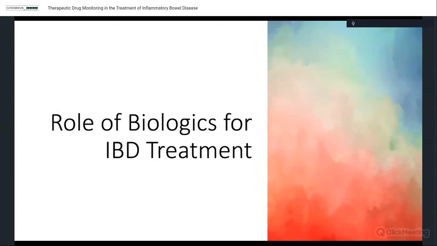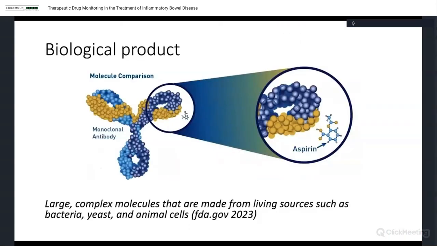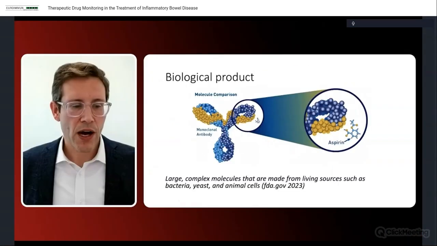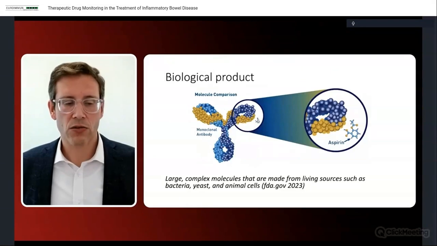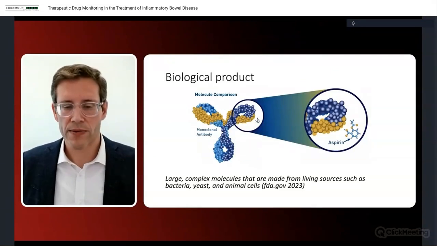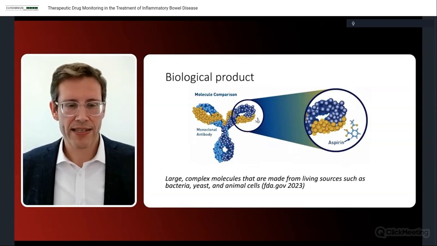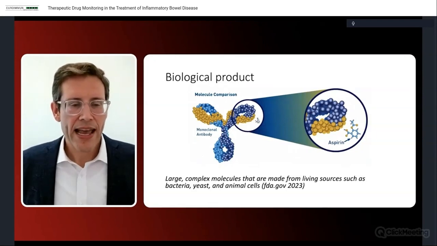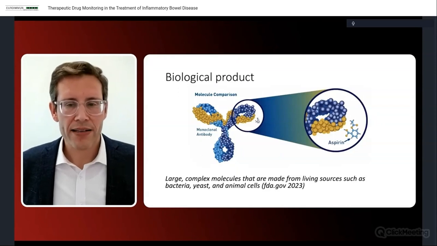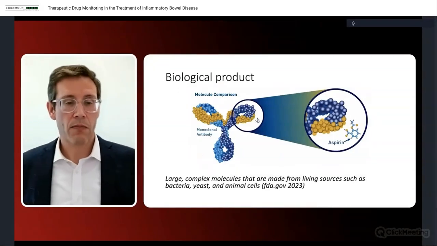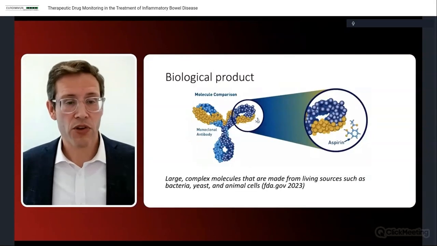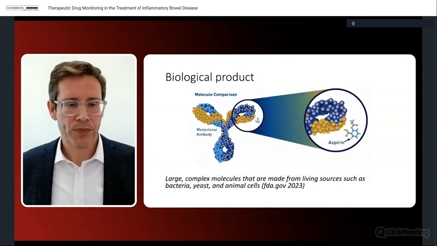So let's move on to the role of biologics for IBD treatments and start with an introduction to biologic drugs. What is a biological product? Well, biologics are large, complex molecules that are made from living sources, such as bacteria, yeast, and animal cells. In the case of treatments for inflammatory bowel disease, these are all therapeutic monoclonal antibodies.